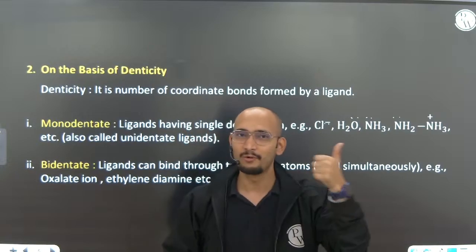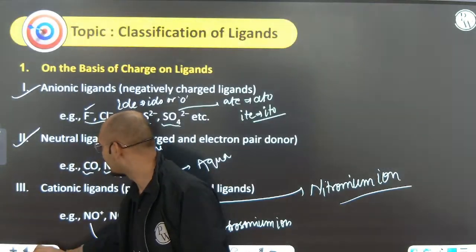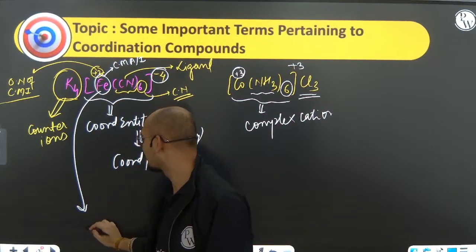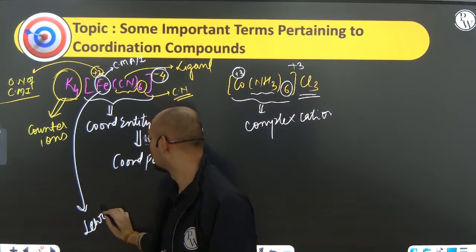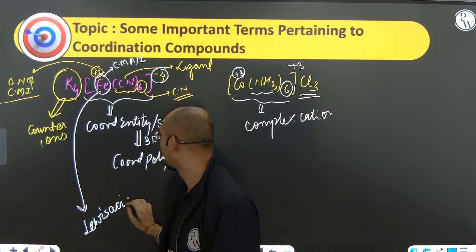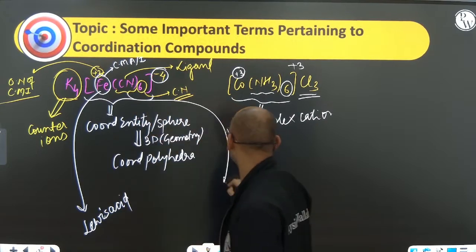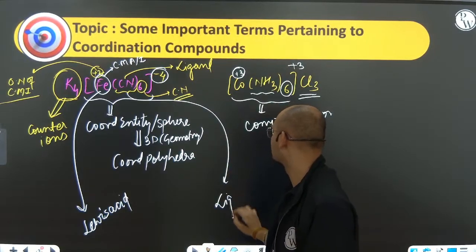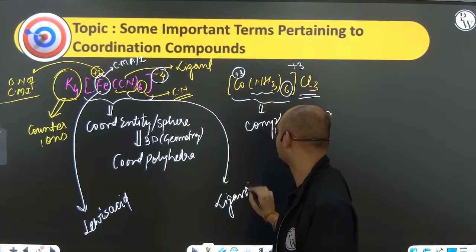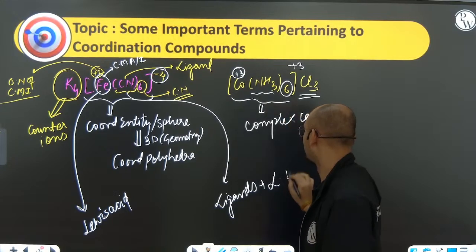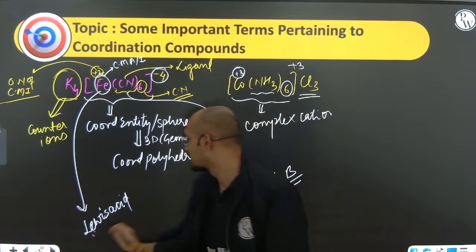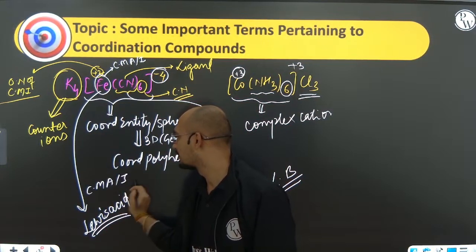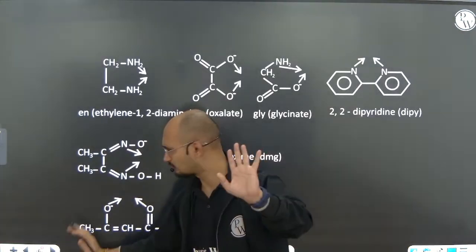So the central metal atom or ion is acting as a Lewis acid, while these ligands are acting as Lewis bases. Please keep in mind that ligands are Lewis bases, while central metal atoms or ions are Lewis acids. Not a big deal. I hope it is all understandable.